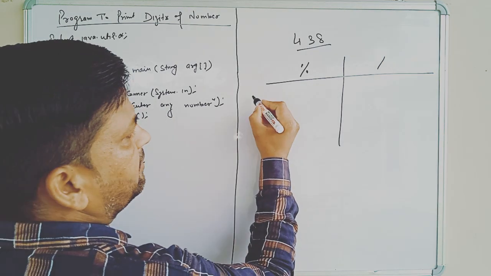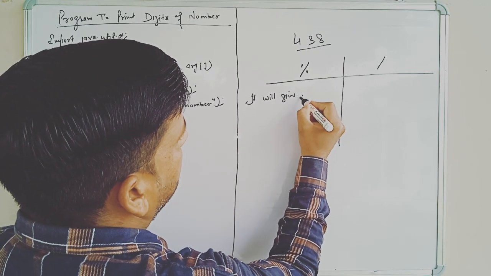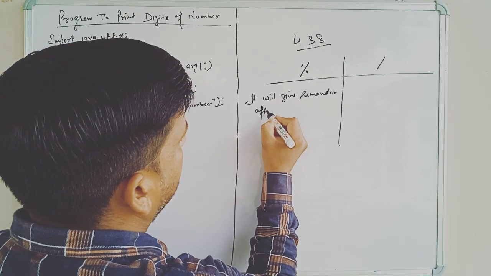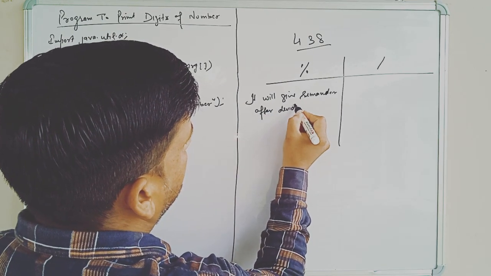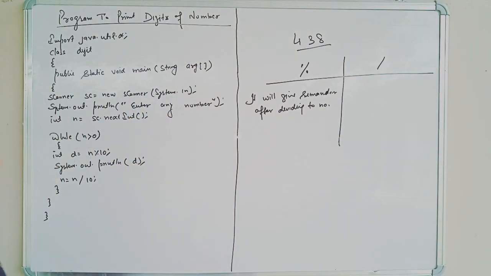So modulus will give the remainder after dividing two numbers.